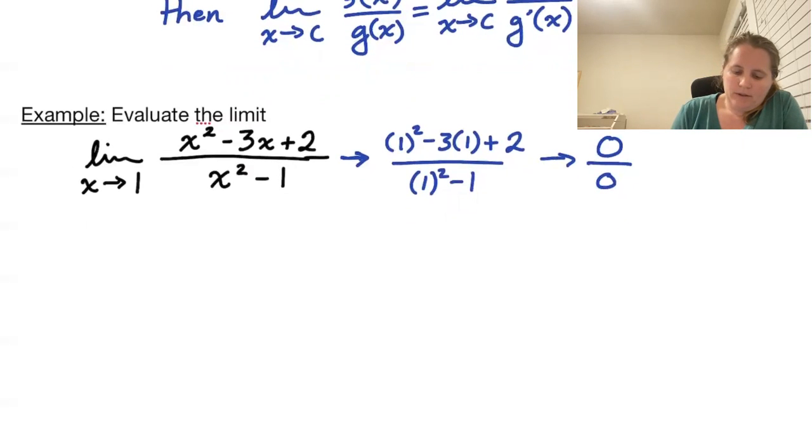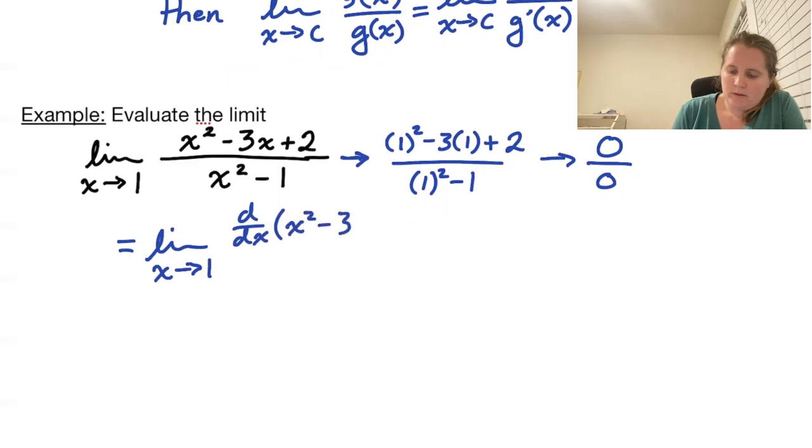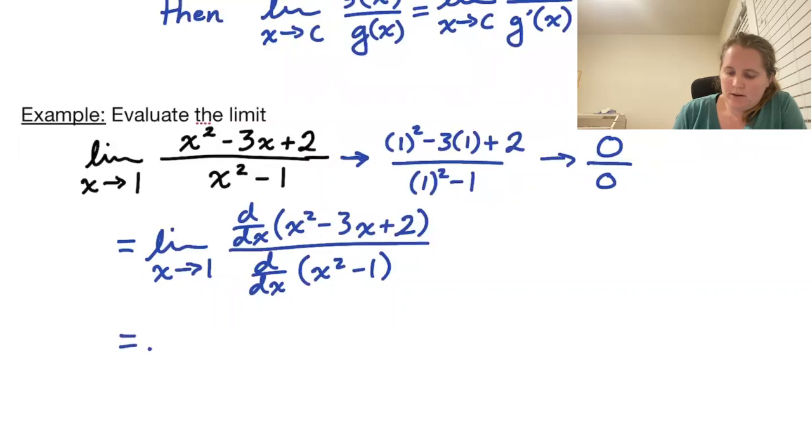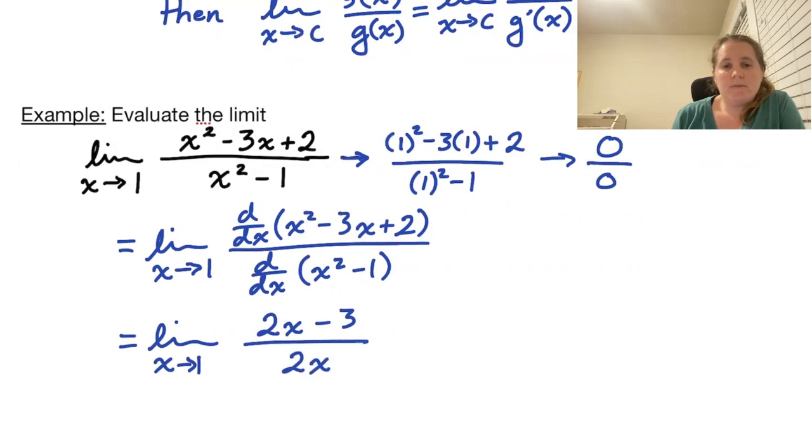If we take the derivative of the top and the bottom, then we would wind up with the limit as x approaches 1 of 2x minus 3 up top and 2x down below.